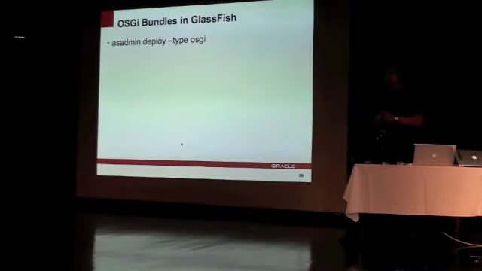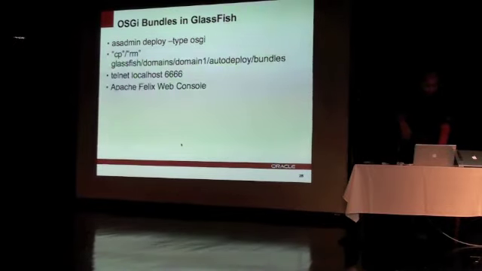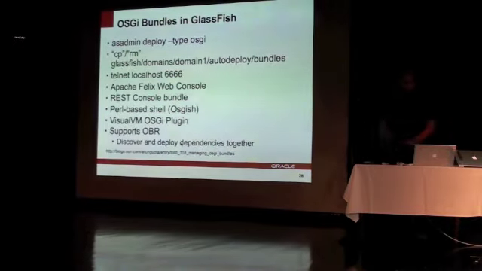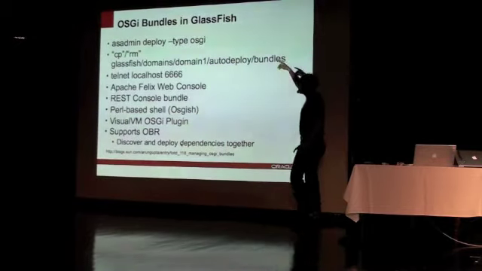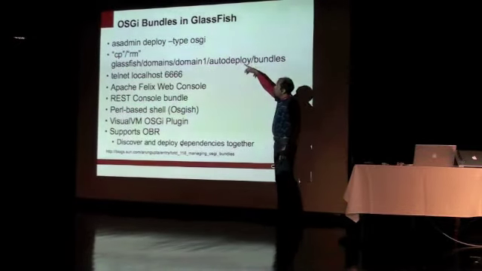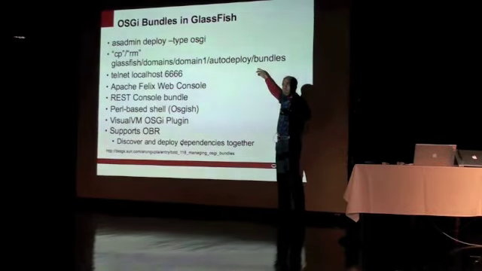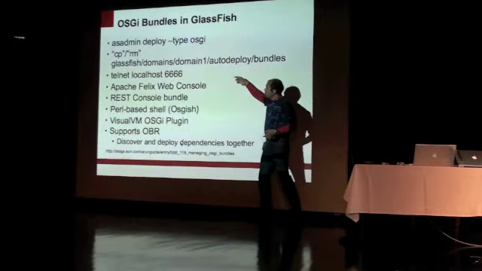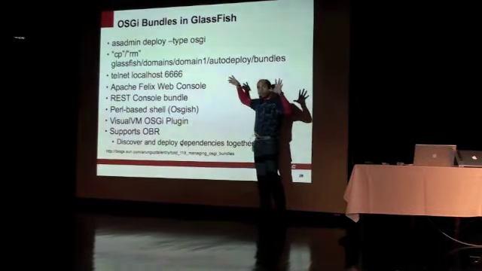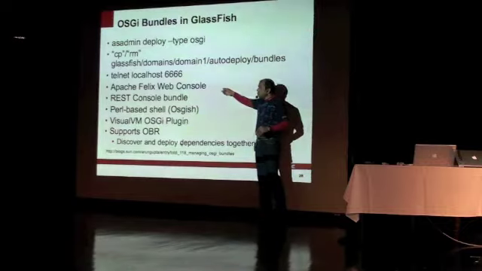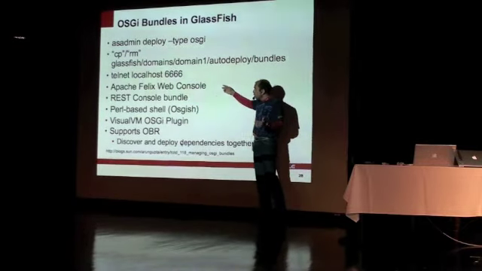There are different ways by which you can deploy these OSGi bundles in GlassFish. You can use asadmin, which is a command line utility, to deploy and specify the type. You can just do simple file system based operations, copy and remove the bundles, and then they're dynamically started. You can telnet to localhost, which gives you the OSGi shell, or you can use the Apache Felix web console.